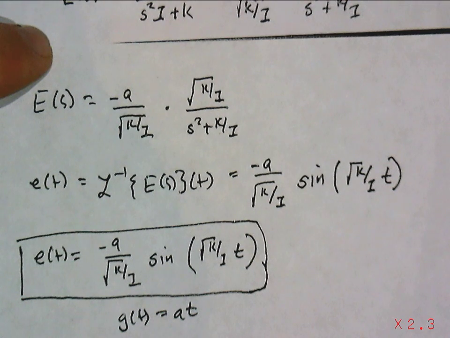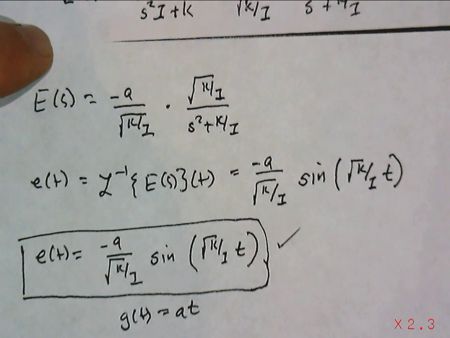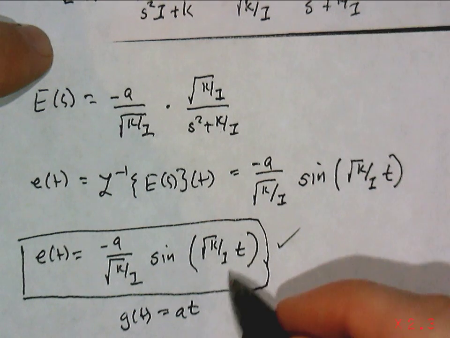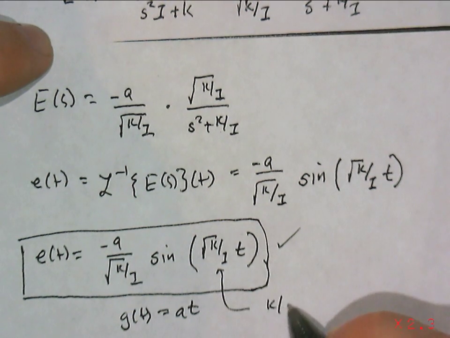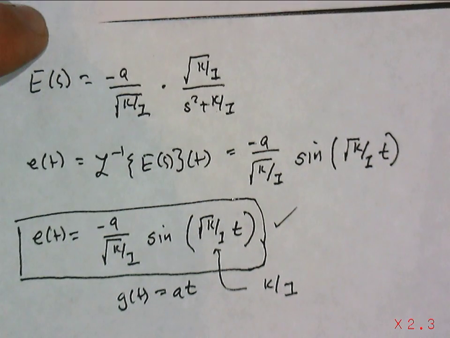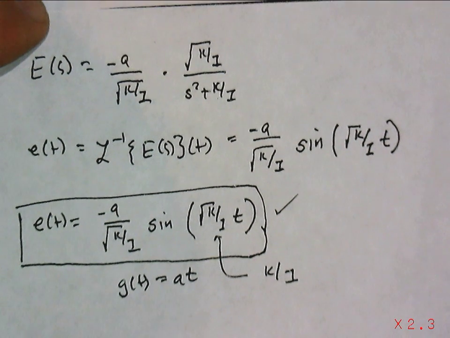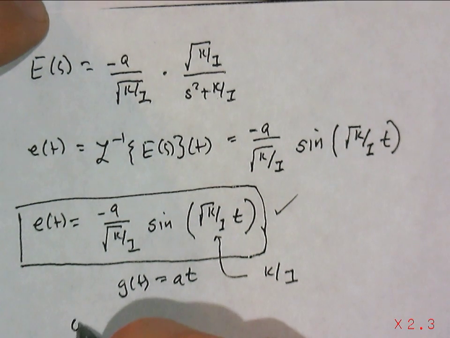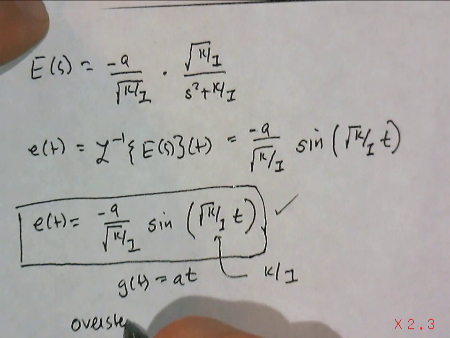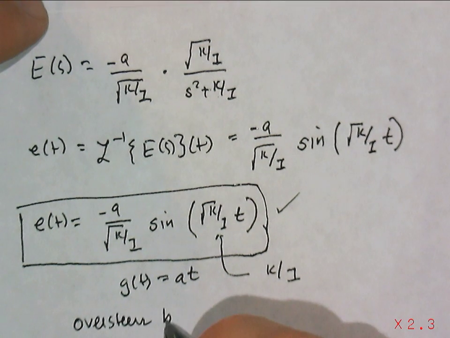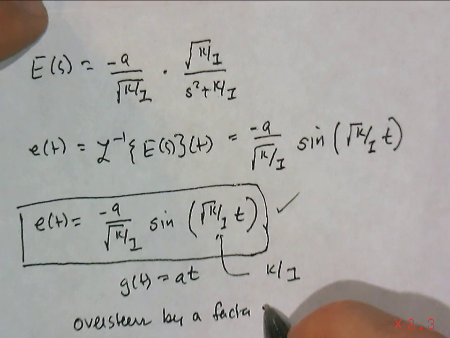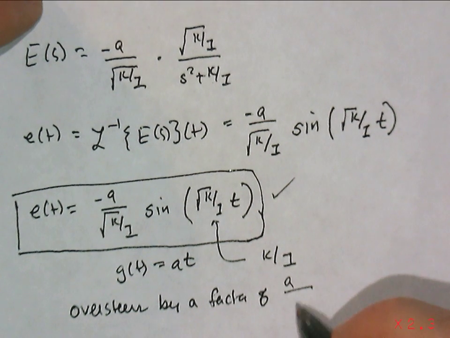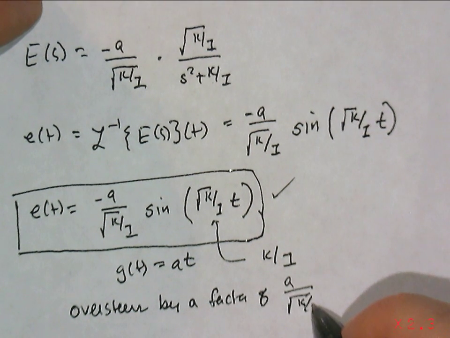What's interesting is to draw the graph of this function to see the effect that this particular factor k over I has. It turns out that the system basically oversteers by a factor of this constant a divided by the square root of k I.